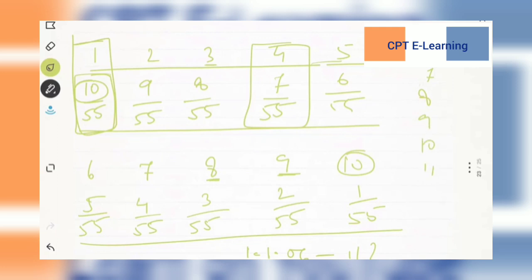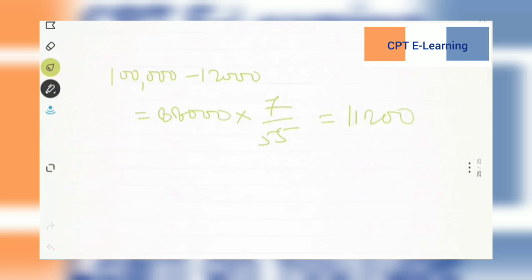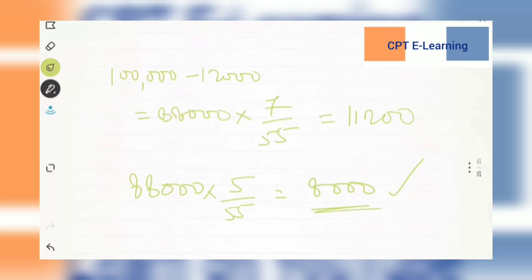So it will be the 6th year, right? The factor for the 6th year is 5 divided by 55. Now all we have to do is 88,000 into 5 divided by 55, which is 8,000. So this is our depreciation for the year 2011.